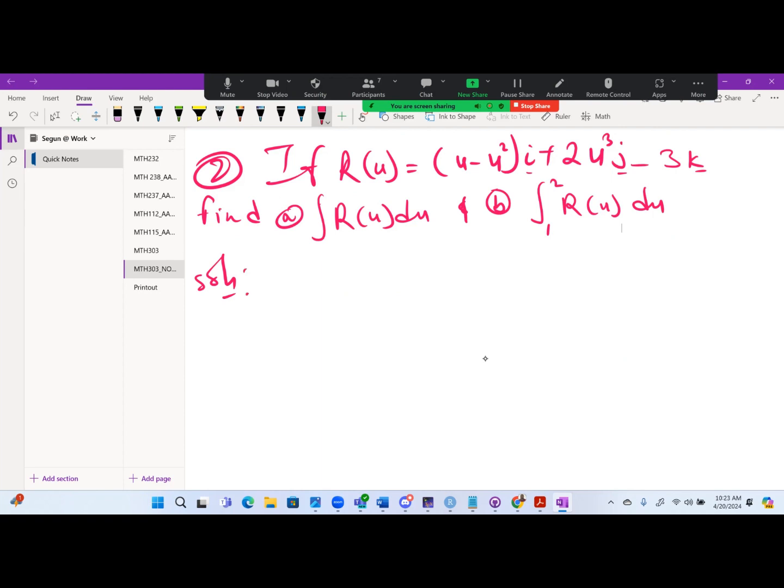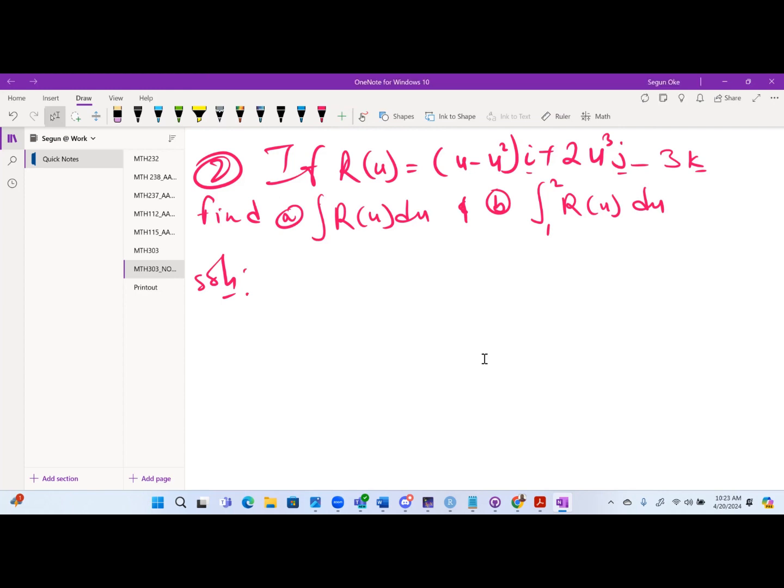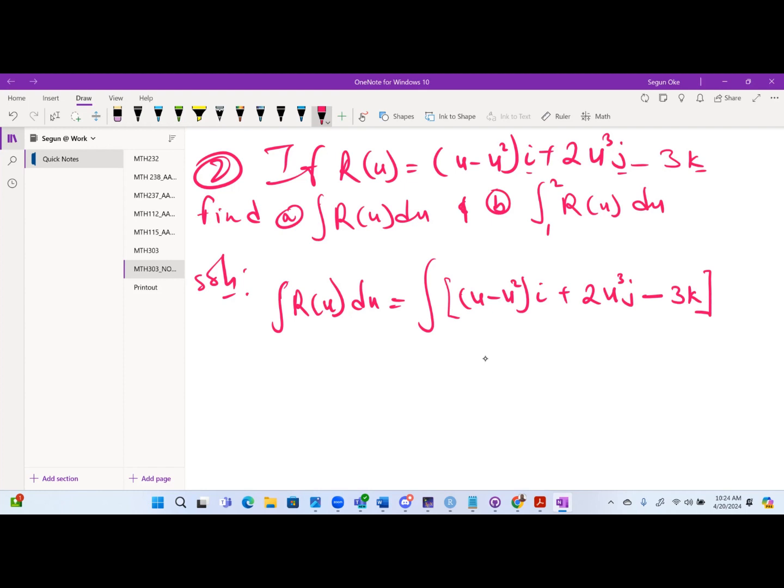So let's solve this one first. For us to solve this, we need the integral of R of U du, which is going to be the integral of U minus U squared i plus 2U cubed j minus 3k du.